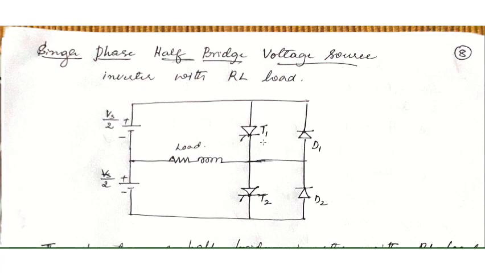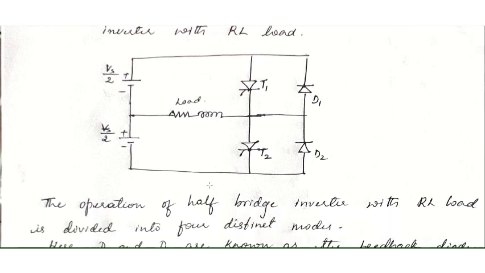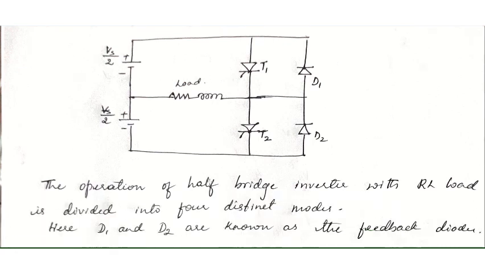When T2 is conducting, the output voltage will be minus Vs by 2, because of this bridge network. Now, as we had discussed earlier, the role of D1 and D2 will come into the picture when the load is inductive.